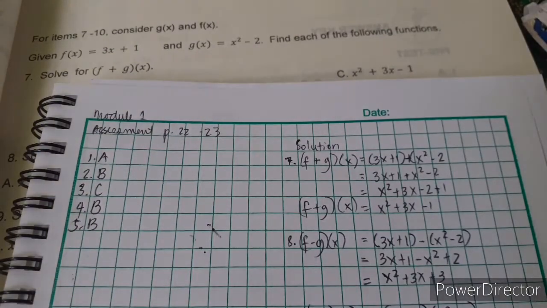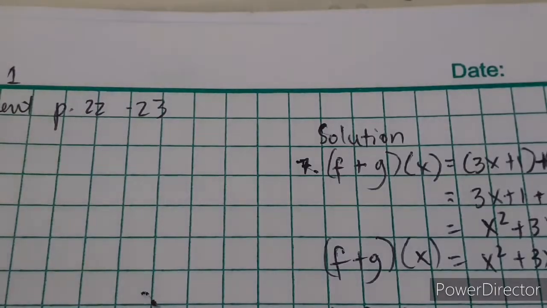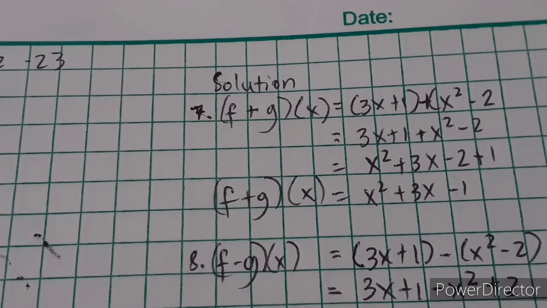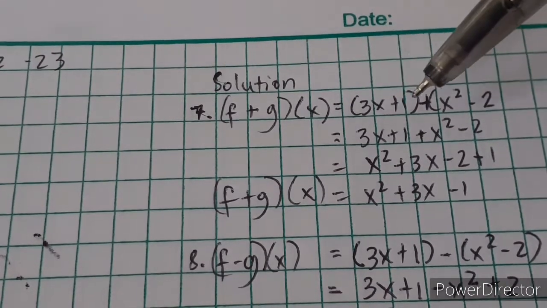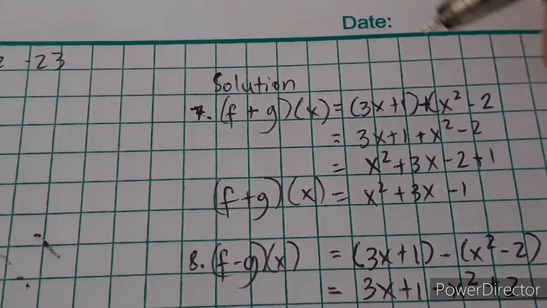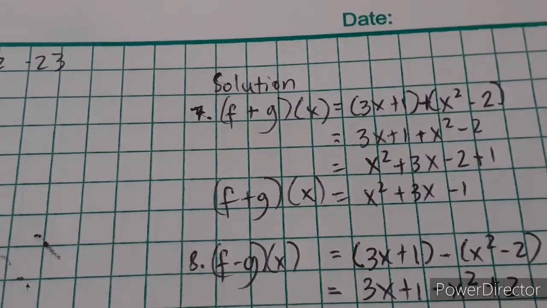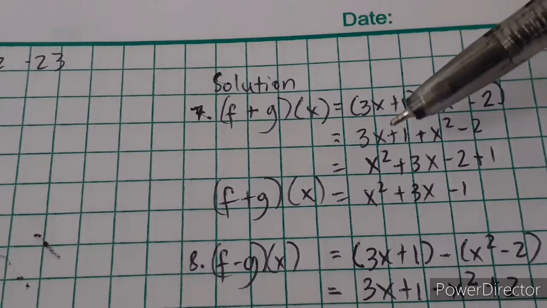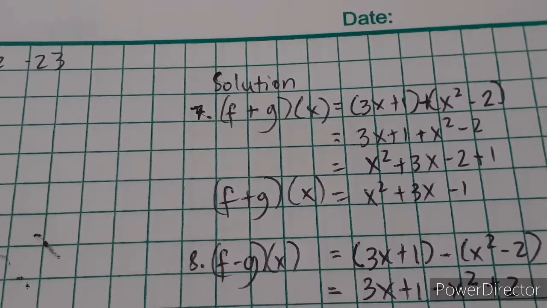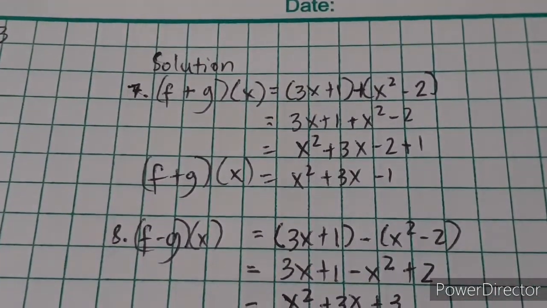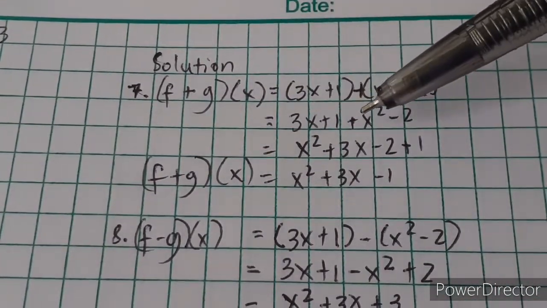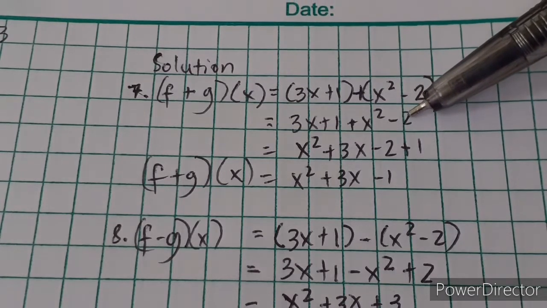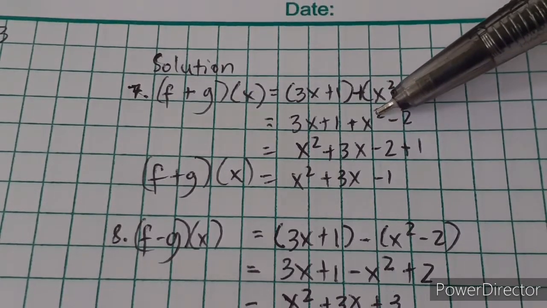So this is the solution. 3x plus 1 plus x squared minus 2. Rearrange this one.